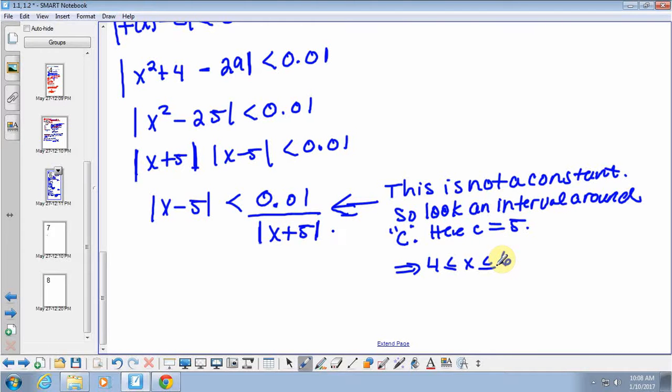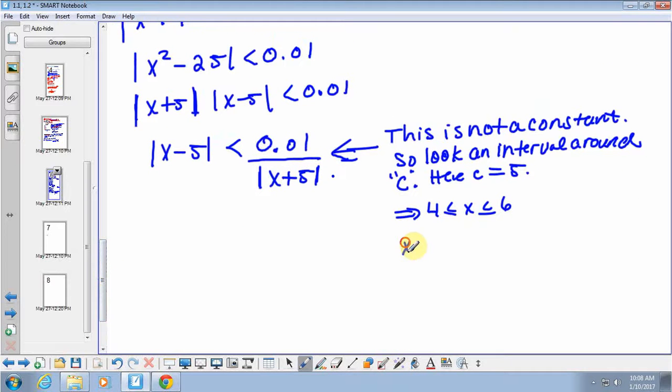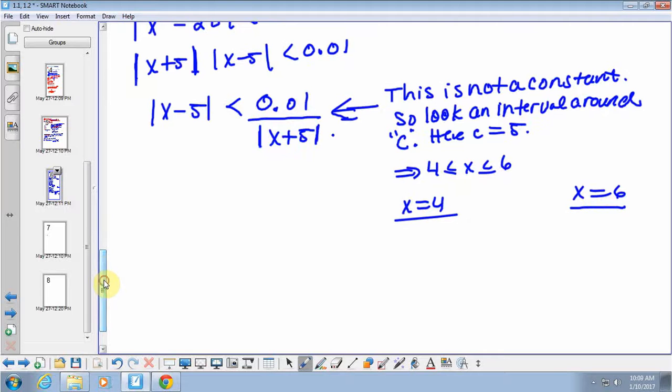That's an interval around 5, isn't it? And what we're going to do is look at x equals 4, and we're going to look at x equals 6, and we're going to find the value that makes that right-hand side the smallest. And that's what we're going to pick to be our delta.